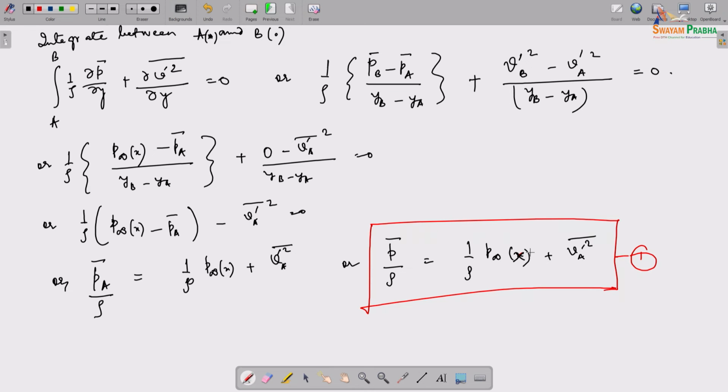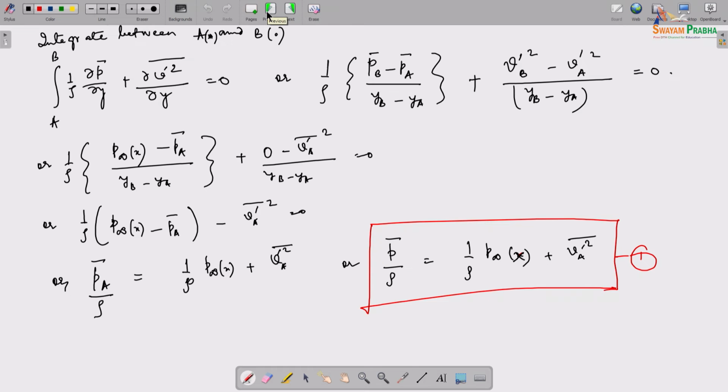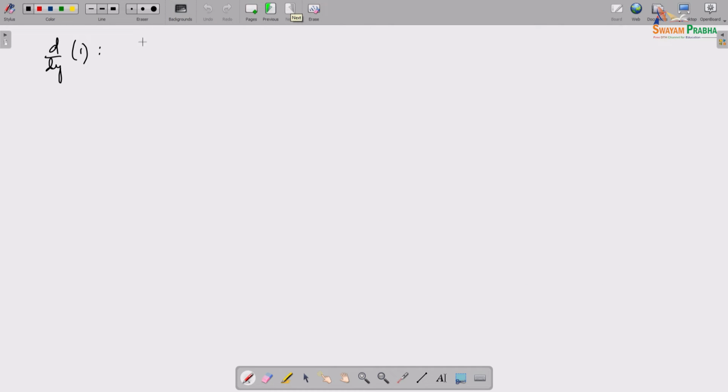So let's take a derivative. There you go. This is equation 1, and we are going to take a derivative of this.